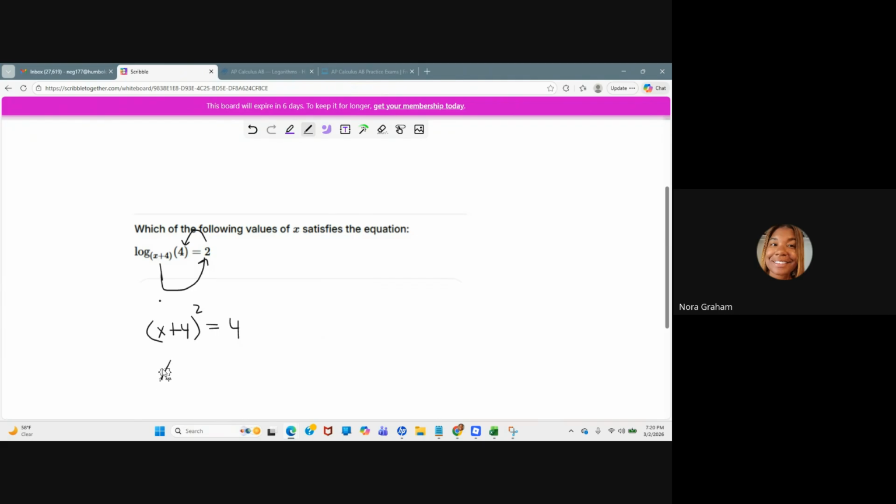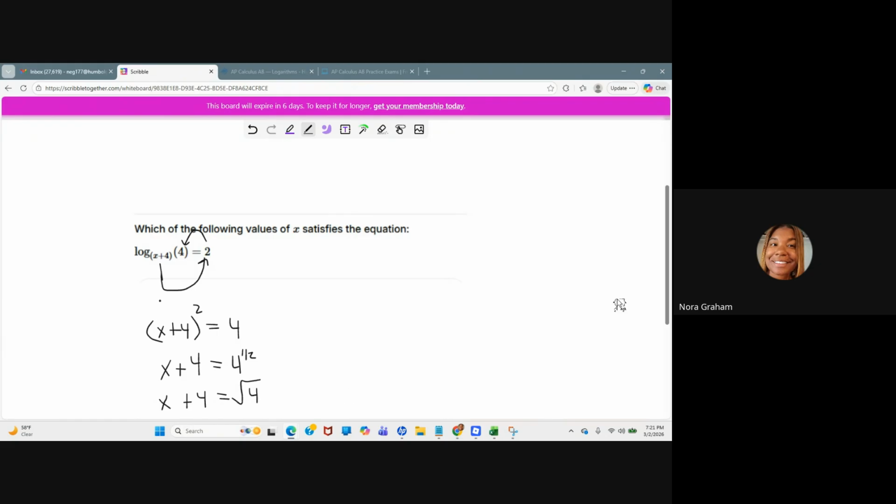So solving for x, let's multiply both sides by 1/2. When I multiply both sides by 1/2, I'll get x plus 4 equals 4 to the 1/2. Or you could have noticed that instead of doing 1/2, you can square root both sides to get rid of your square. 4 to the 1/2 is also the square root. So it equals the square root of 4, which is 2.